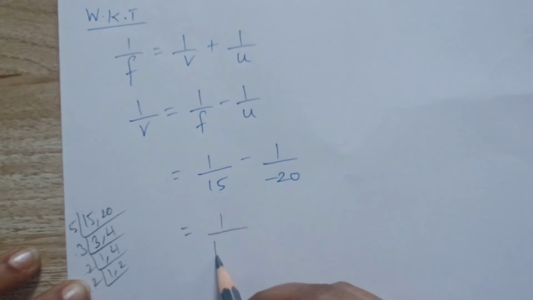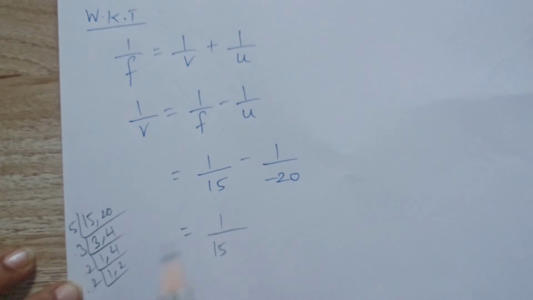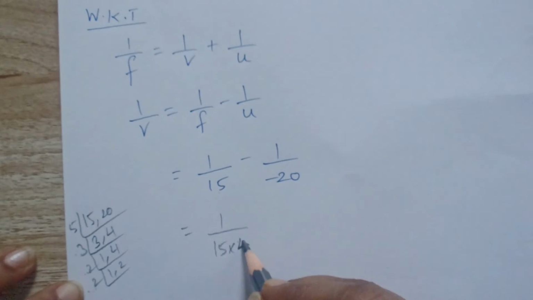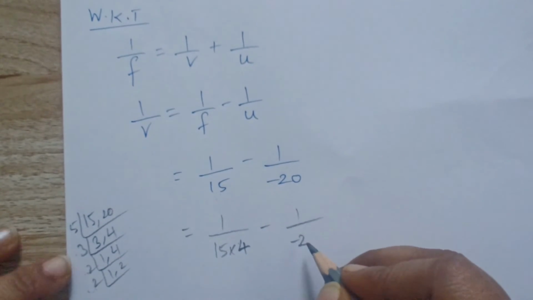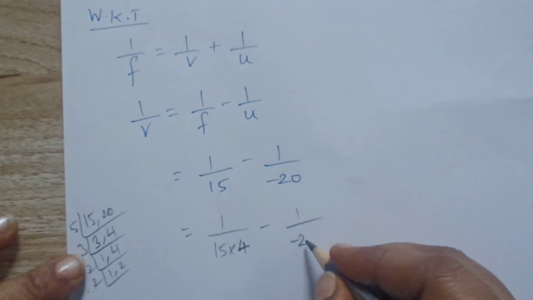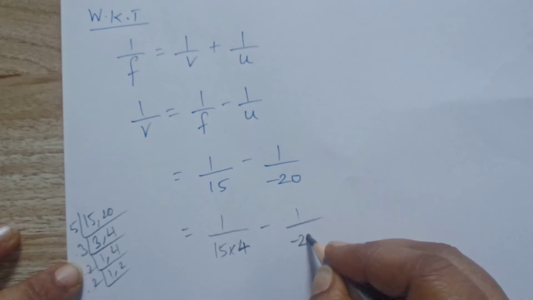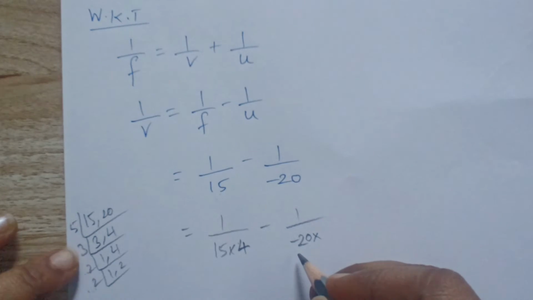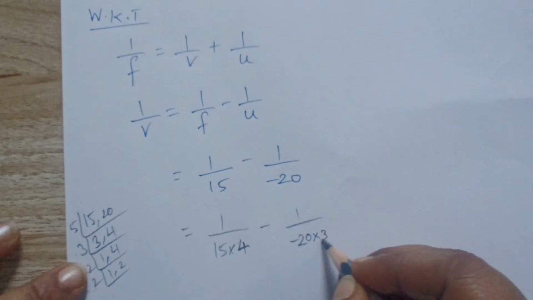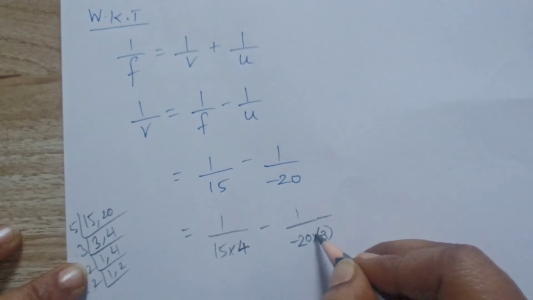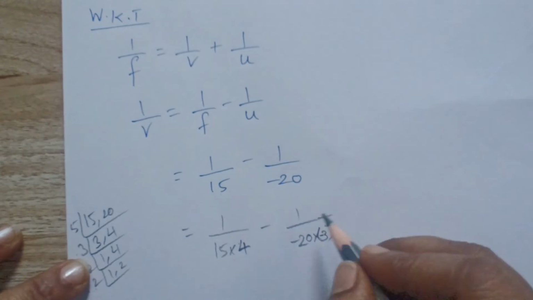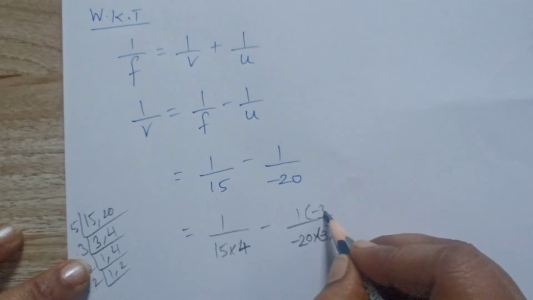So by which number does it have to be multiplied? 15 into 4 is 60, minus 1 by minus 20. 20 into 3 will give 60. Here you have to multiply by minus 3 to cancel this negative term.